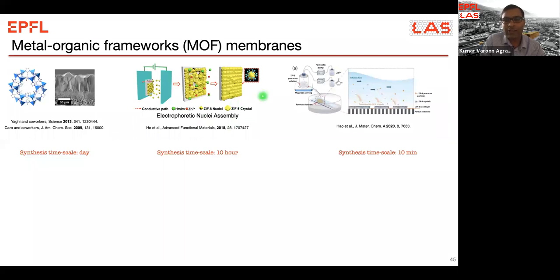Later, we looked at Ostwald ripening of these films by using a flow-based synthesis. Essentially what we are doing is we form these nuclei and then maintain the high precursor concentration by doing this in a stirred tank reactor coming from a continuous flow of the components that form the MOF, right? So in this case, we were able to go from 10 hours to 10 minutes.